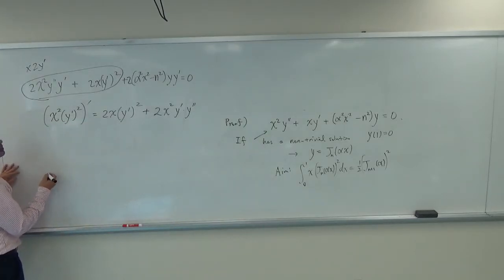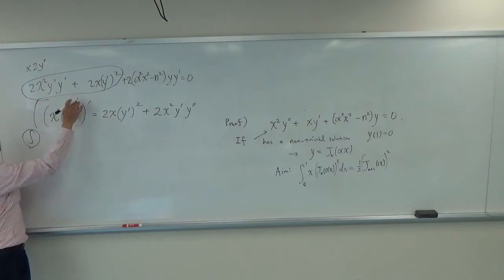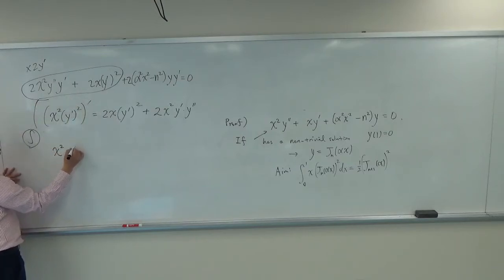Okay, all right, so I'm not so sure, but let's just try it. If I integrate both sides, because this is the derivative of this, I'm going to get x squared y prime squared.